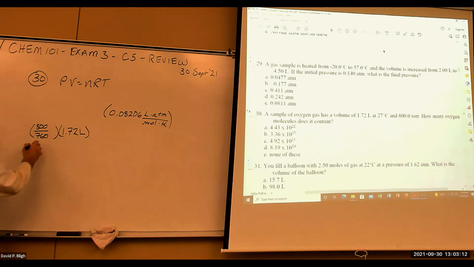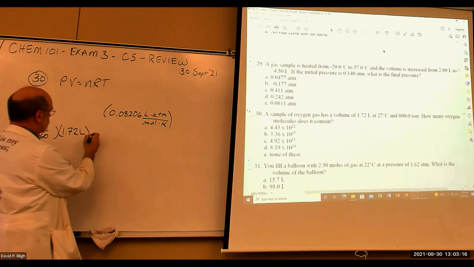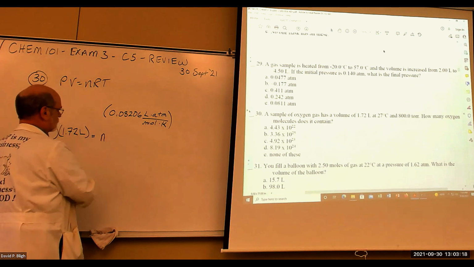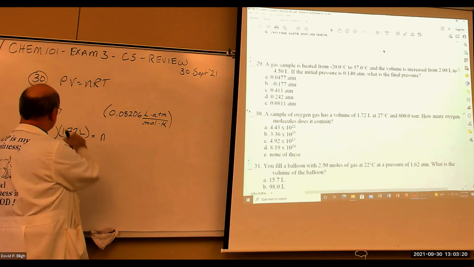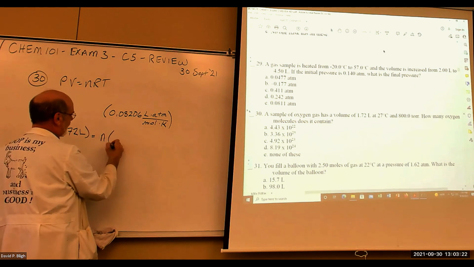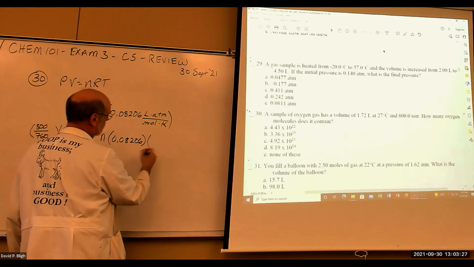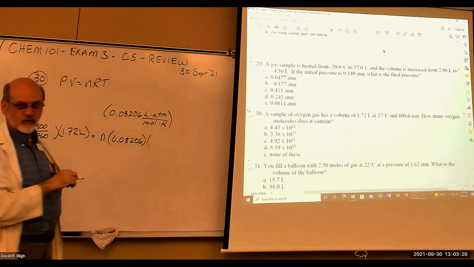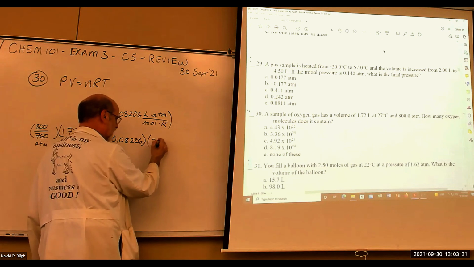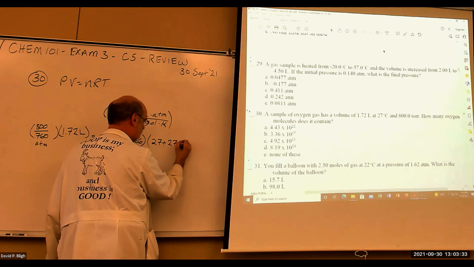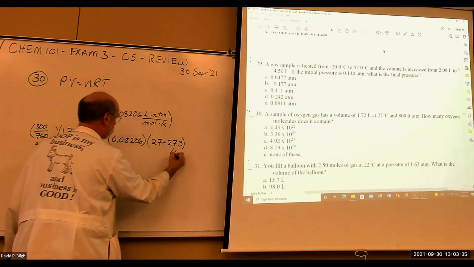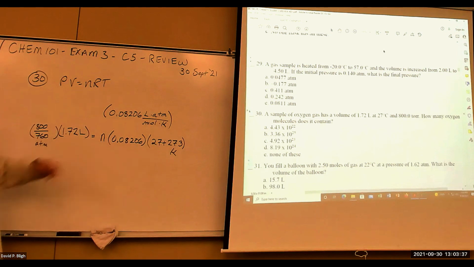That's atmospheres. And then we have moles is our unknown. I should have drawn those up there, shouldn't I? And then temperature. 27, that has to be in K. Now we just solve for this one, and that will give us moles.